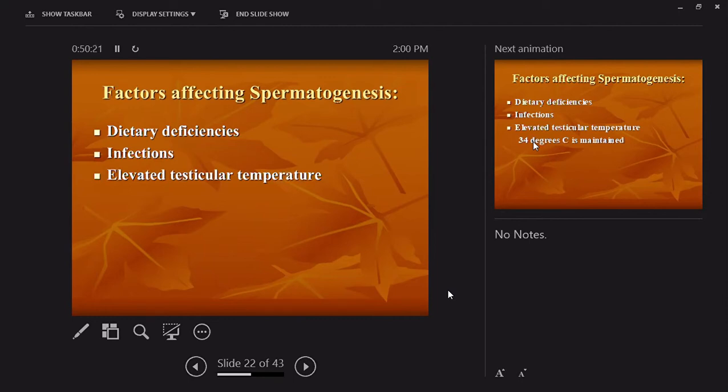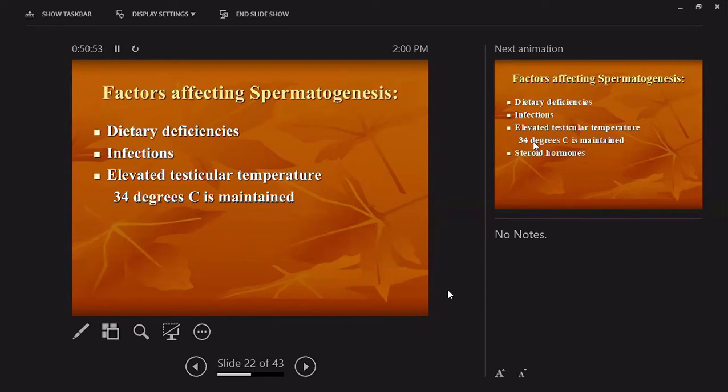It's important, especially for those who work in environments with high temperature, that there is a tendency you will not have normal development of your sperm cells. Important temperature is to maintain at least 34 degrees centigrade.